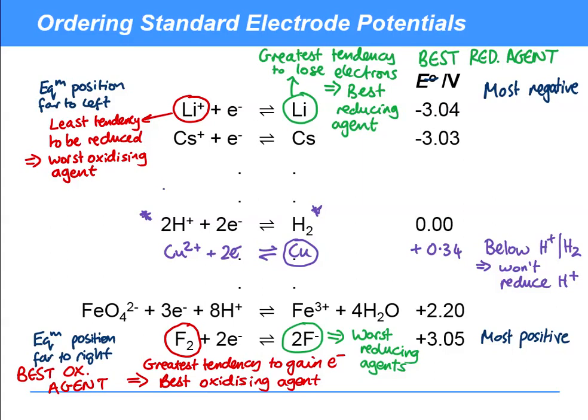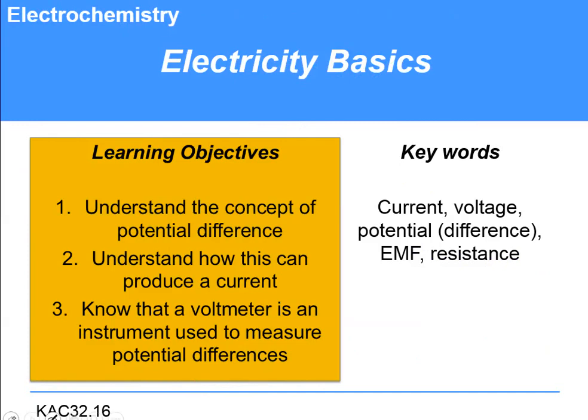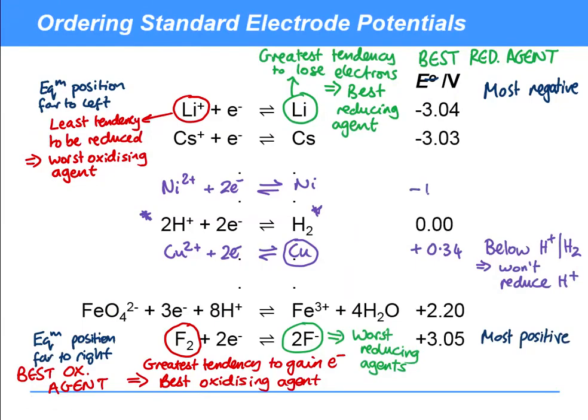Now let's take nickel as an example here. So Ni2+ plus 2 electrons forms nickel, and that's at negative 0.25 volts in this case. And now, because this equilibrium is further to the left, then what that means is that if some electrons were to emerge off the nickel, then actually H+ has a greater tendency to gain them than the Ni2+ does.